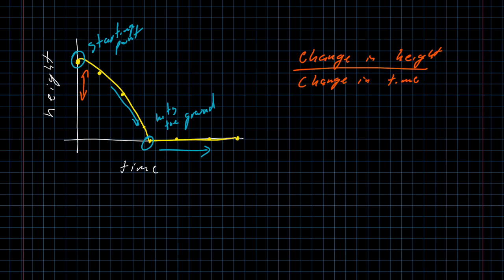And you might recognize this from a basic physical sciences course. If you take how far something has moved and divide by how long it takes to move there, you get the speed.